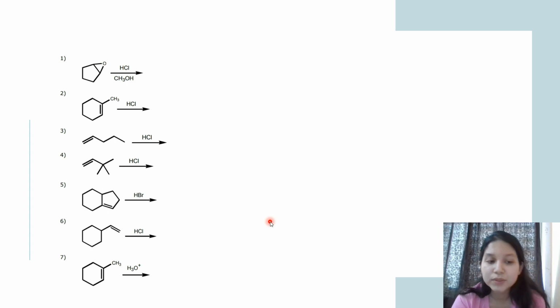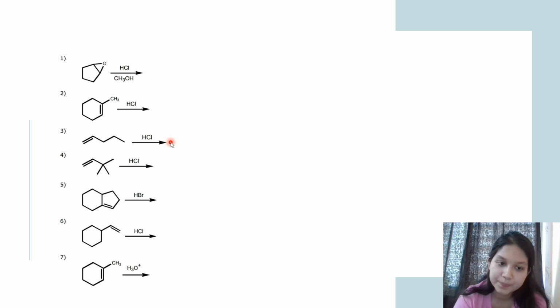Then moving to the third question, which is a similar question, but just the substrate is acyclic. Here you have to treat pentene with an acidic system. What will happen if this acyclic molecule pentene is treated with hydrochloric acid medium?